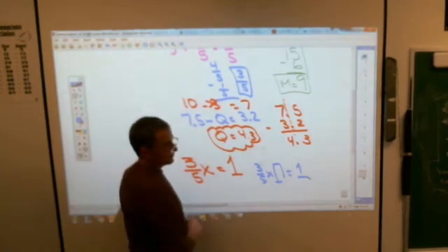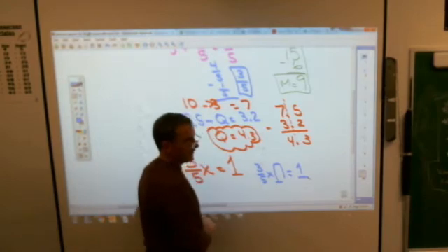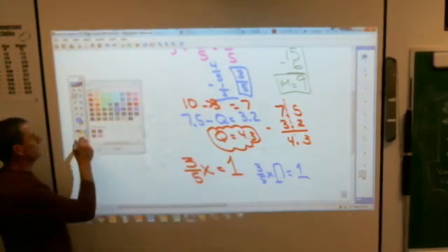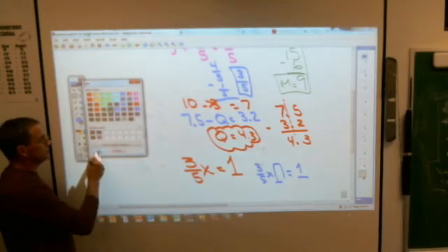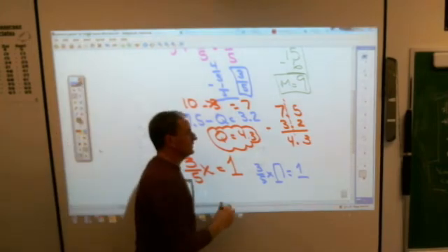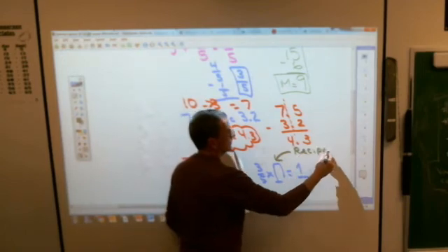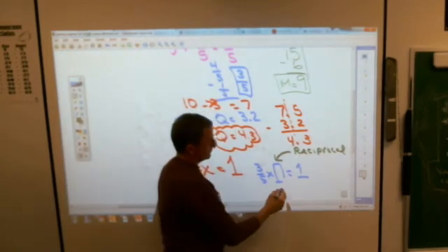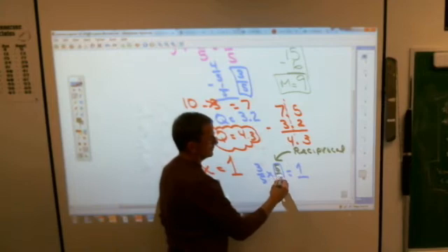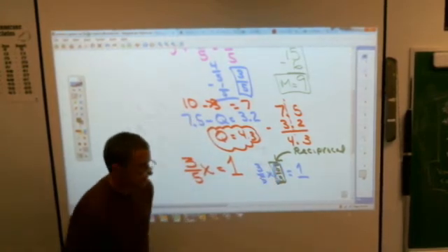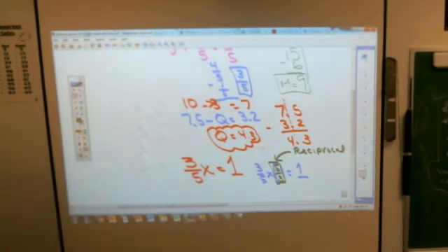In which case, to your mind should come that very long word that starts with an R, Jacob. Yeah. Anytime you see fractions and ones, that it's multiplication or division, you should always think reciprocal, which is just the fraction flipped over. Your answer to this is 5/3. 3/5 times 5/3 is going to equal 1.